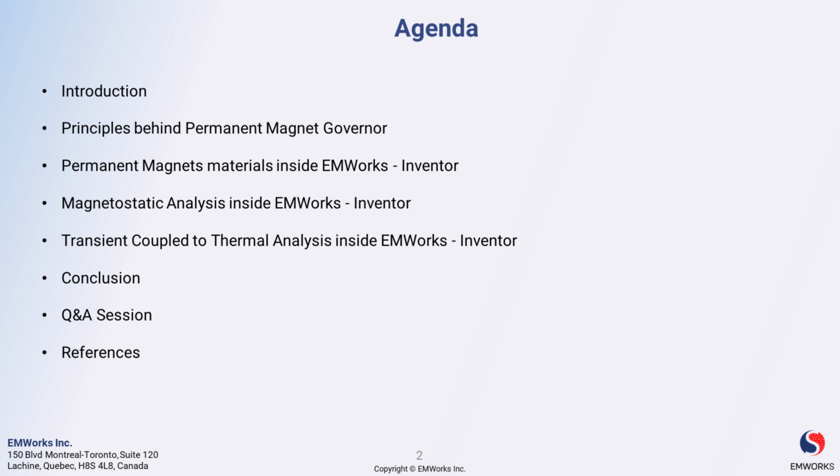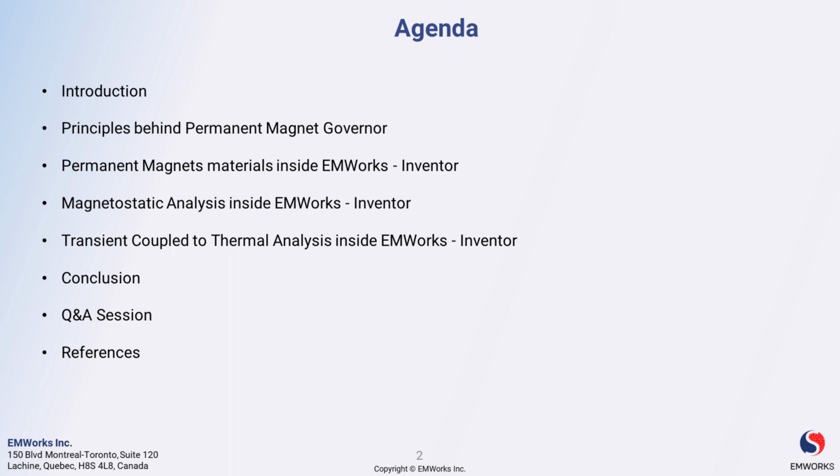Before we begin, let's go through the agenda for today's session. First, we will start with a brief introduction to the topic, followed by an explanation of the principles behind the permanent magnet governor. Then, we will discuss the permanent magnet materials available in EMWorks Inventor and how to define their coercivity direction.